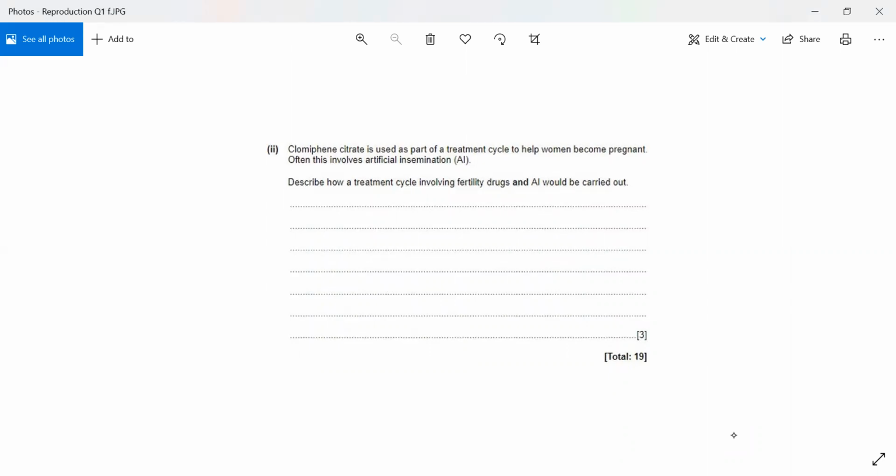First of all, whenever we are talking about the fertility drug, we have to mention that it should be taken early in the menstrual cycle, or before ovulation, isn't it? Because during ovulation the ovum will be there, and only then will artificial insemination be done.